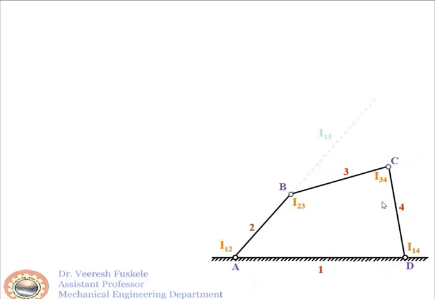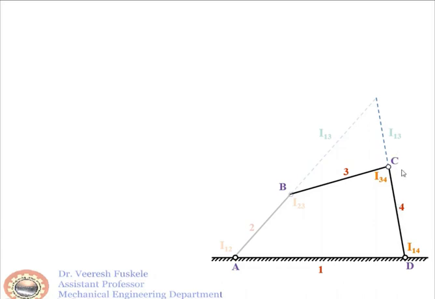Again, out of these 3, we have already located I14 and I34. So I13 must be on the line joining these two ICs, that is the line joining D to C. This link CD extended should contain the IC I13.